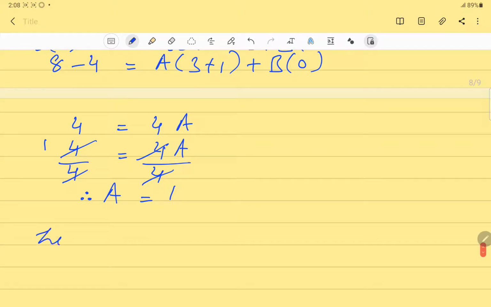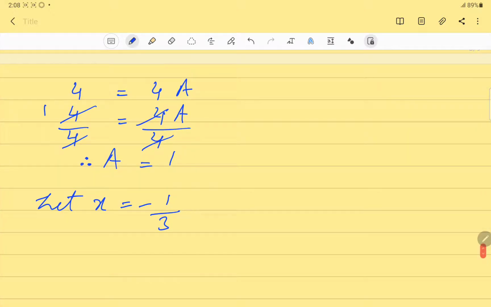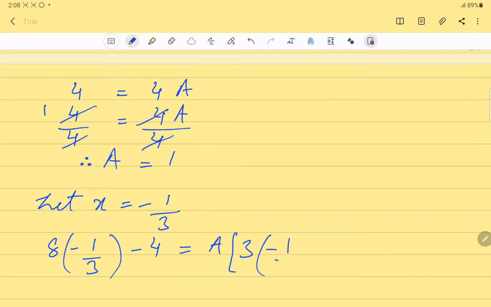Then we will assume x as minus 1 over 3. In that case the equation becomes 8 into minus 1 over 3 minus 4 is equal to a into 3 into minus 1 over 3 plus 1 plus b into minus 1 over 3 minus 1.